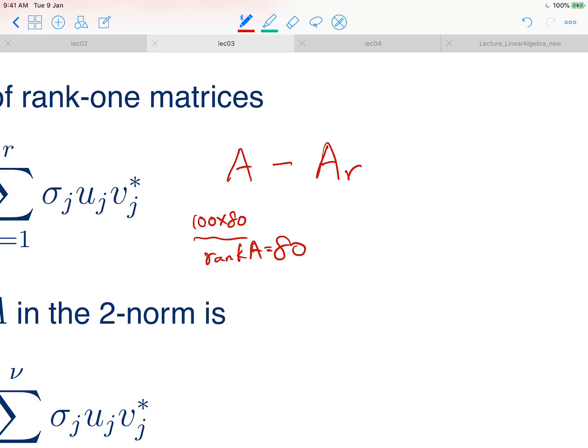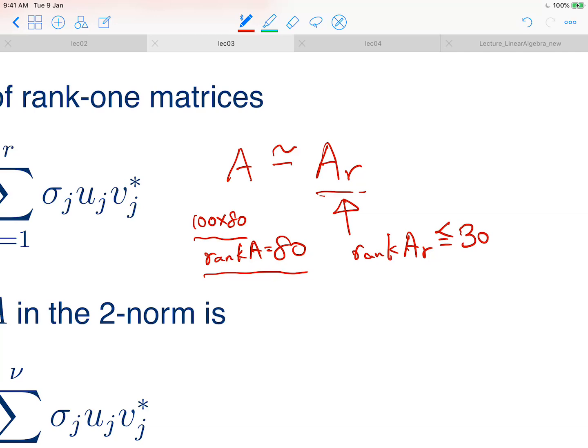Given this matrix, we want to represent it with a low rank version of the same matrix A with rank maybe 30, for example. So this is our target rank, and we want to approximate the original matrix with this low rank matrix.